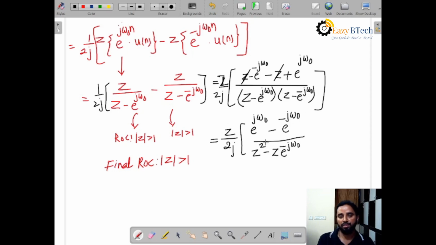Just I am doing simplification, and again minus z e power j omega naught, and e power j omega naught e power minus j omega naught will become 1.